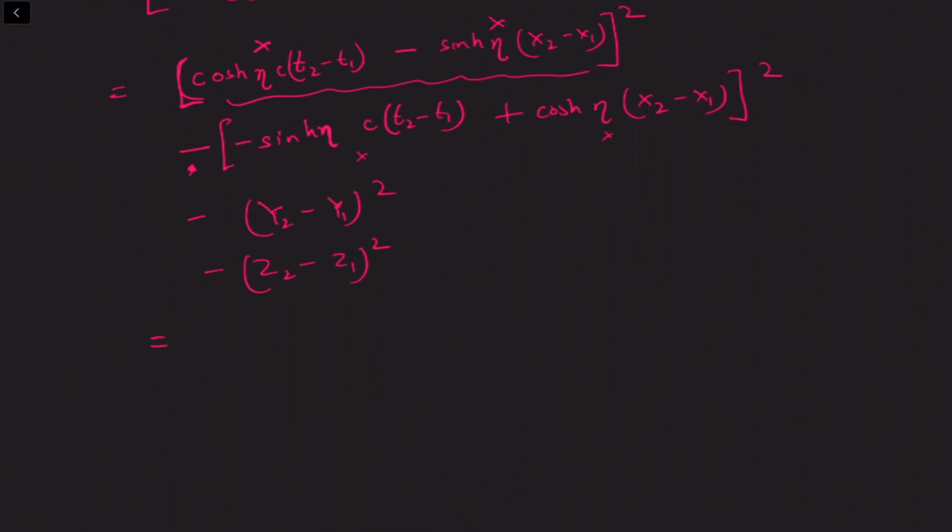That is, we won't have any terms which have a cross product between time and space intervals. So now if we write this out, we would get cosh square eta from times, so let's write the coefficient of c(t1 minus t2) the whole square. The coefficient of this would be a cosh square eta from the first bracket, and from the second bracket there would be a minus, the minus sign comes from here again, sinh square eta.